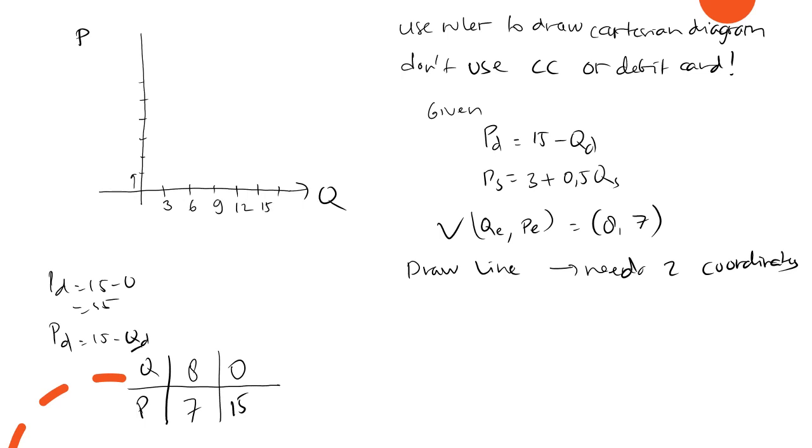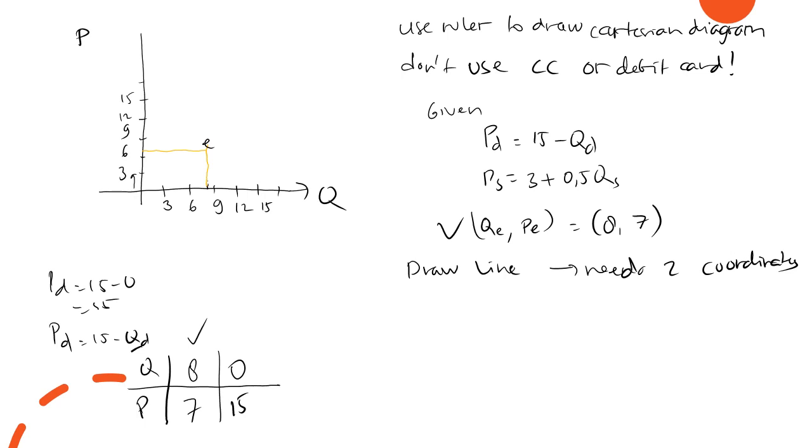So 8, 7, and this is also 3, 6, 9, 12, 15. 8, 7 is around here. So the Q is 8, this one, and here is 7. Okay, so this is the equilibrium.